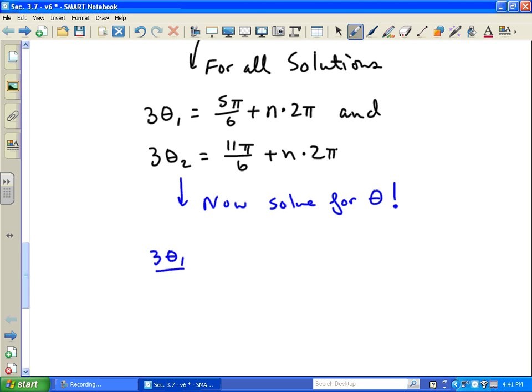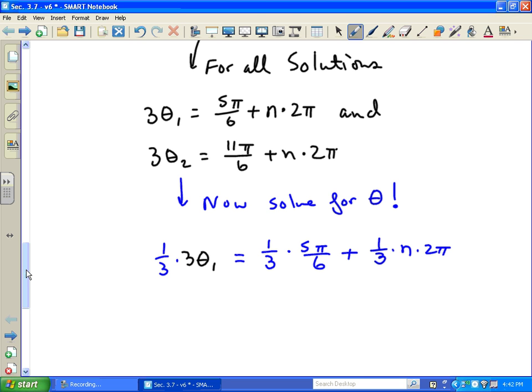We want to multiply it by 1/3. And then also on the right-hand side, you want to multiply each of the terms that you had there by 1/3, including the n times 2 pi part.